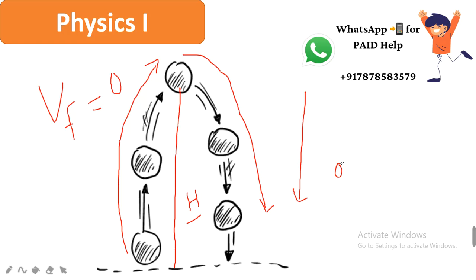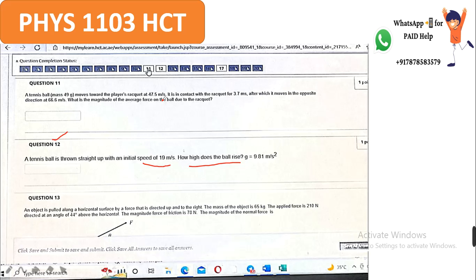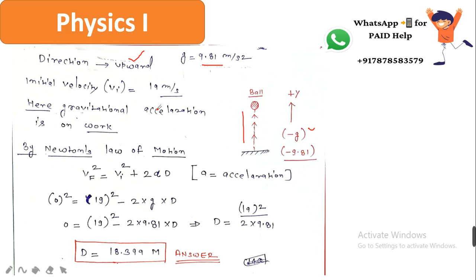Here gravitational acceleration, small g, will be applicable, and the value of g is 9.81. The ball is going in the upward direction, so whenever a ball goes upward, we take the value of g as negative, so it will be minus 9.81. Initial velocity has been given to us, that is 19 meters per second.